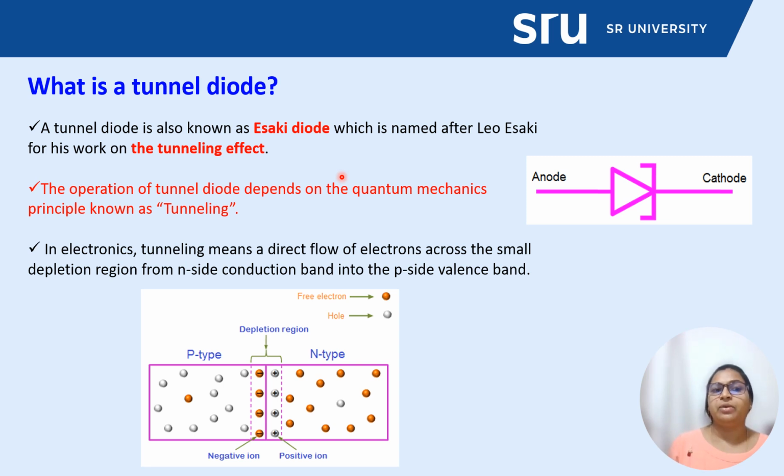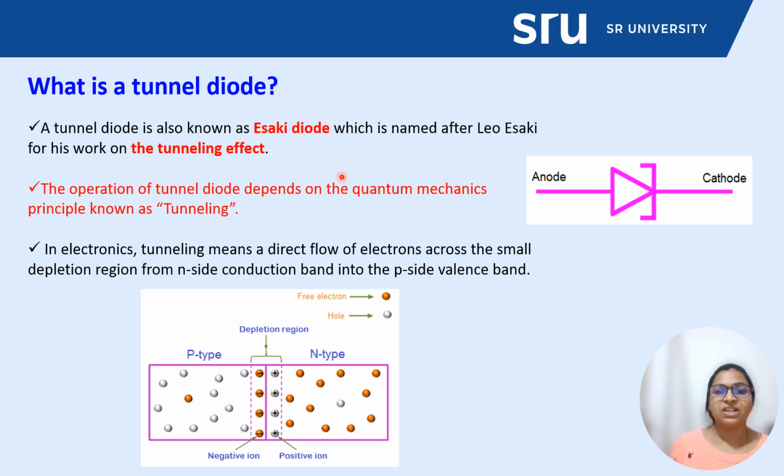In a tunnel diode, the electric current is caused by tunneling. It is used as a very fast switching device in computers. It is also used in very high frequency oscillators and amplifiers.